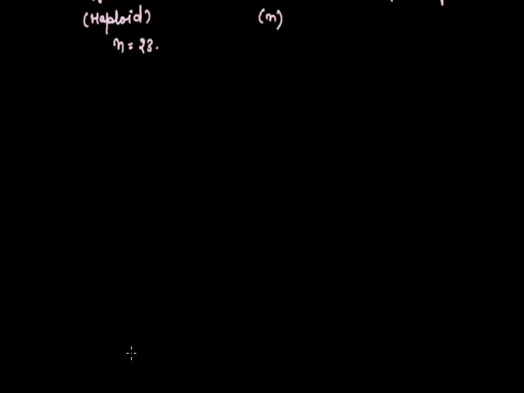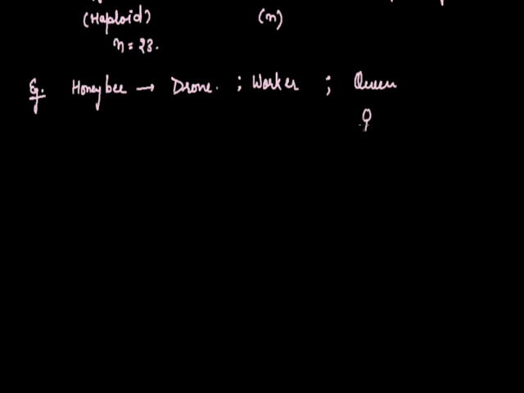Natural parthenogenesis is found in honeybees. Three kinds of bees are found in a hive. They may be drone, worker, or the third one is queen. Queen is a female that has the ability to lay eggs. So it's a fertile female and it's 2N in nature.